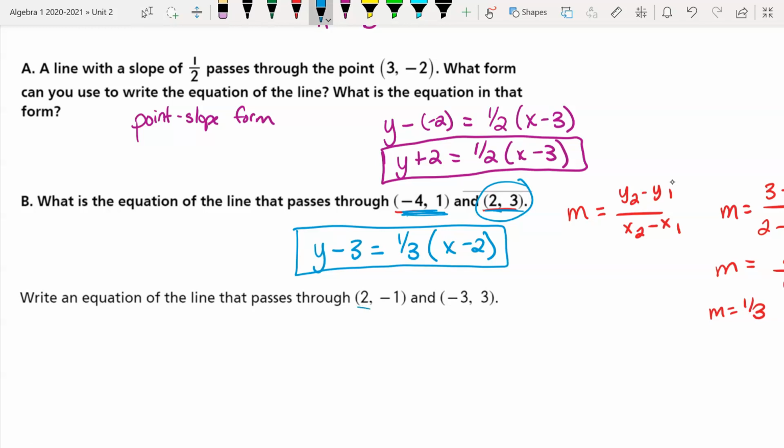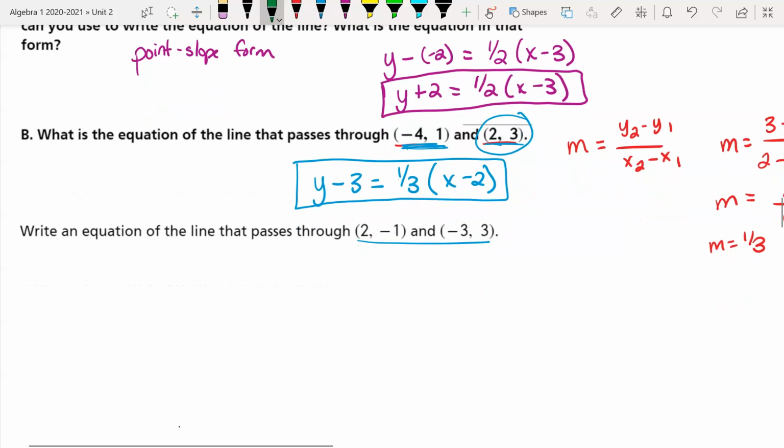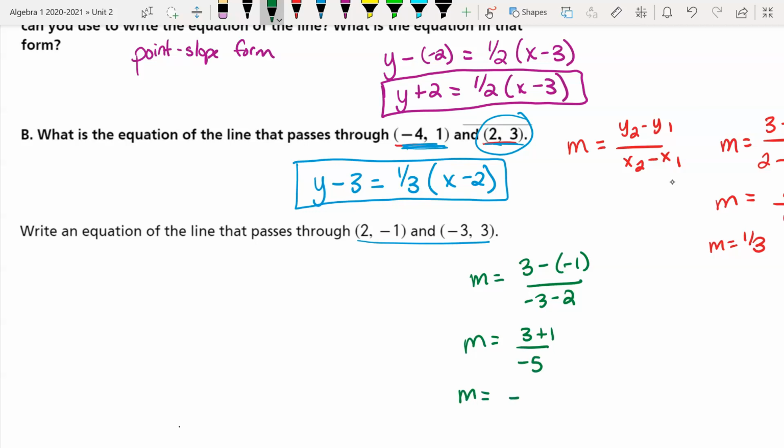I want you guys to pause the video and try this bottom one. So it's similar, just different numbers. So hopefully you came back from your pause. And you got a slope of -4/5.